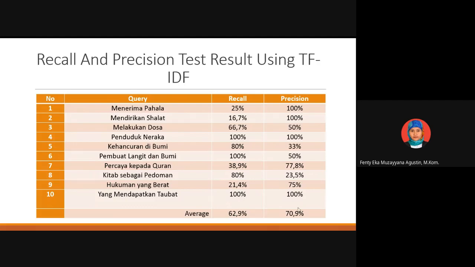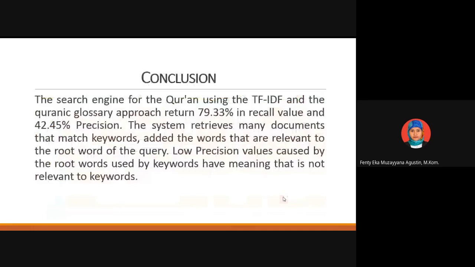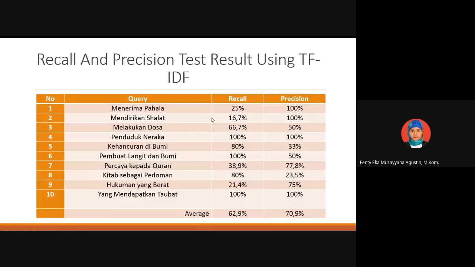But the precision found in the corpus is higher than with the Quranic glossary approach. This is the conclusion: the search engine for the Quran using TF-IDF and the Quranic glossary has more recall.